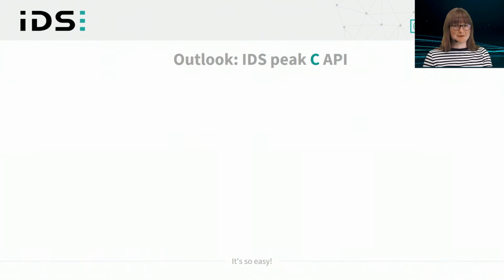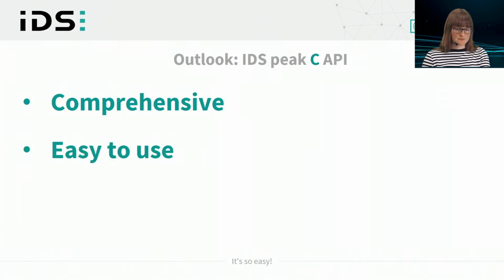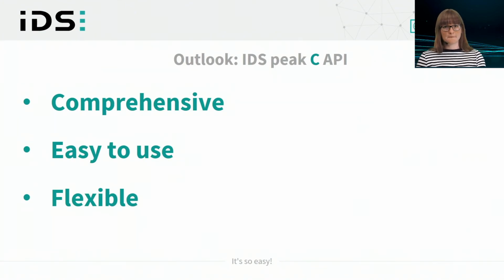So for this API, we've made a quite new concept. The concept is to be even more comprehensive. That means more user-oriented function names, easy to use, and still flexible. So flexible means that still the generic access to the function stays guaranteed.